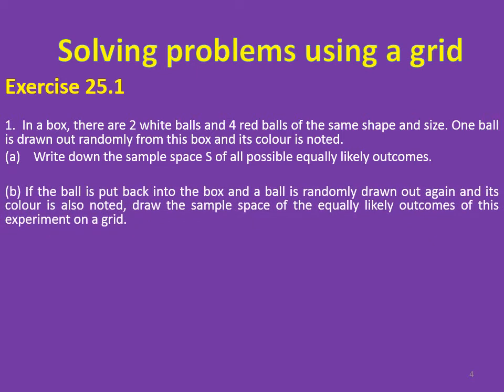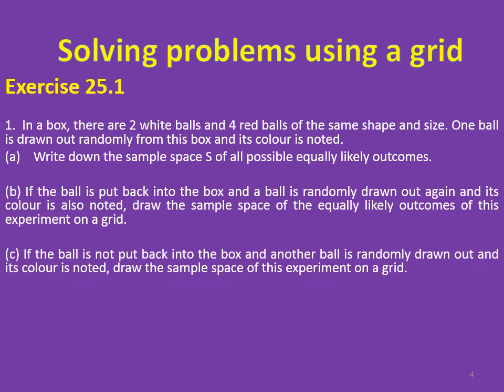Part B. If the ball is put back into the box and a ball is randomly drawn out again and its color is also noted, draw the sample space of the equally likely outcomes of this experiment on a grid.